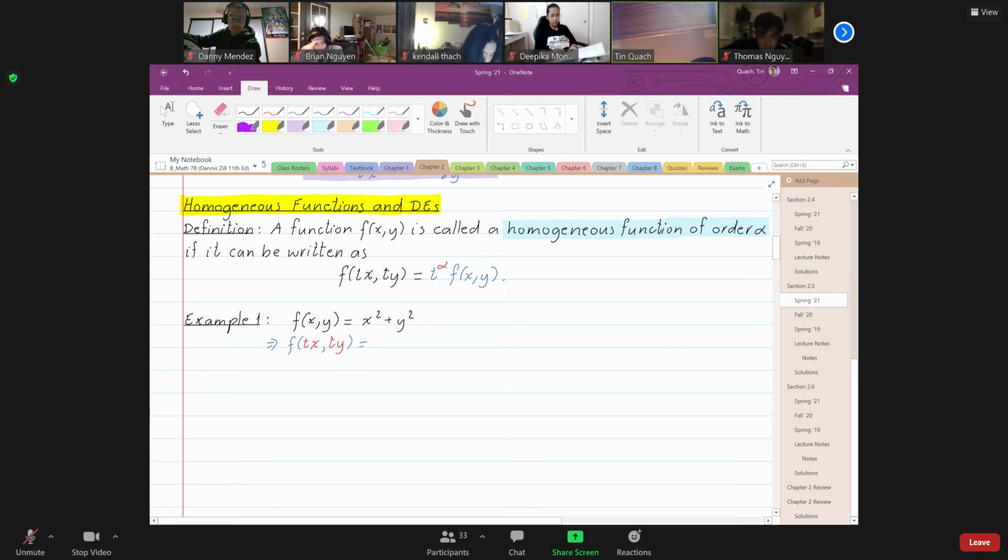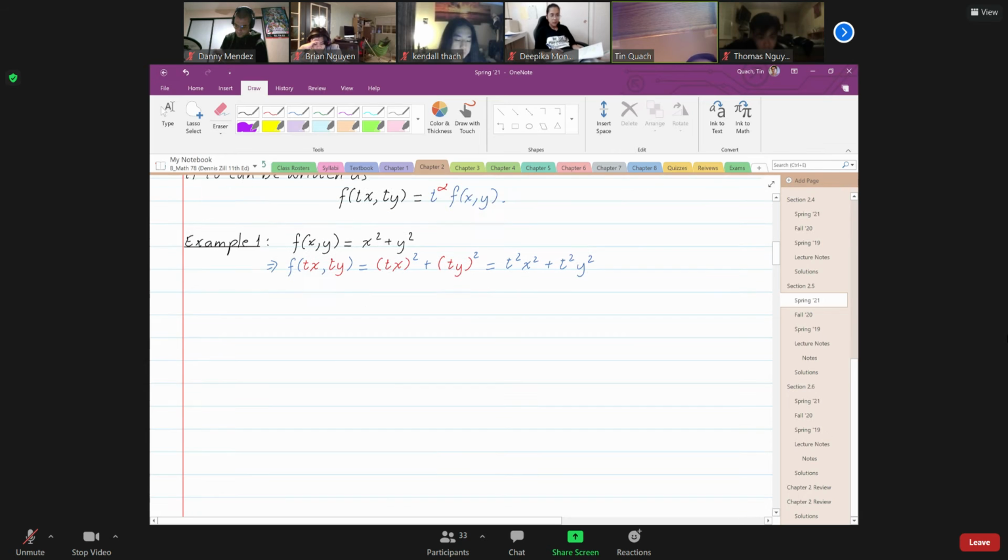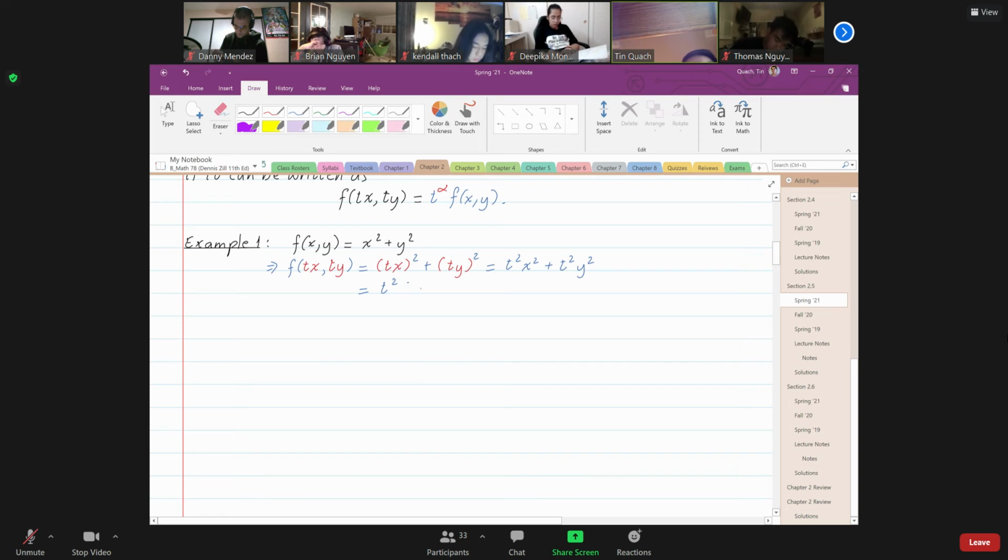Now if we see x, we replace it with tx, and if we see y, we replace it with ty. Then we try to simplify it. That gives you t squared x squared plus t squared y squared. You see both have t squared in common, so I factor that out.